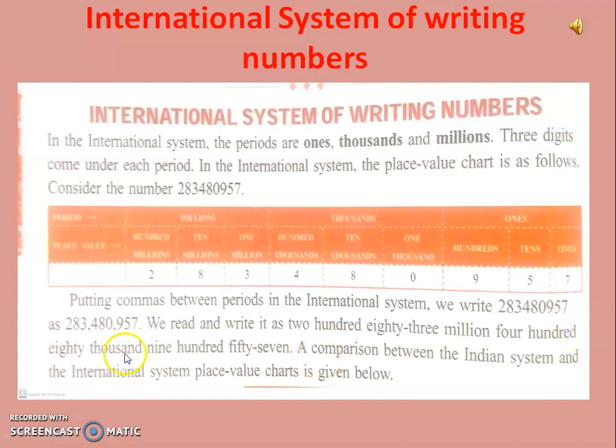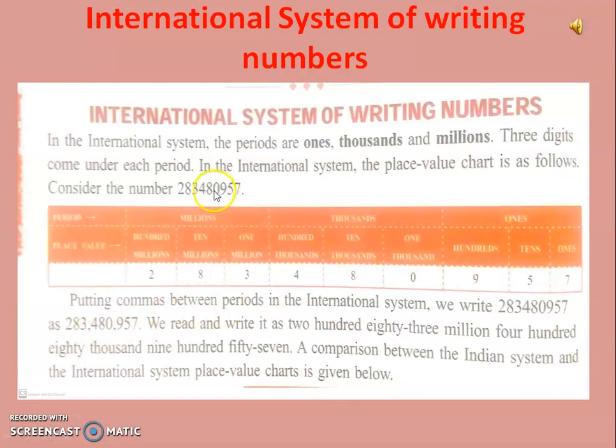Now, putting commas between periods in the international system, we write this number as follows. If we start from the right side, we give a comma after the first period, that is ones. Under ones there are 3 digits: ones, tens and hundreds. After 3 digits we give the first comma. Then again after 3 digits we give the second comma, because every period has 3 digits in it.